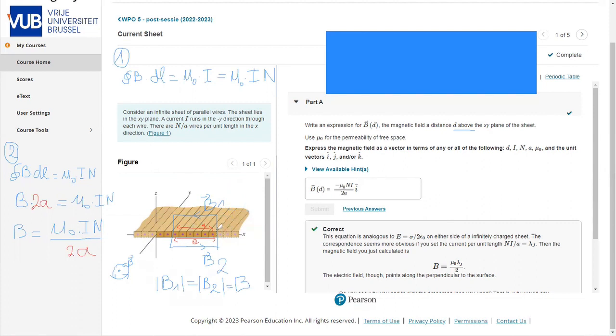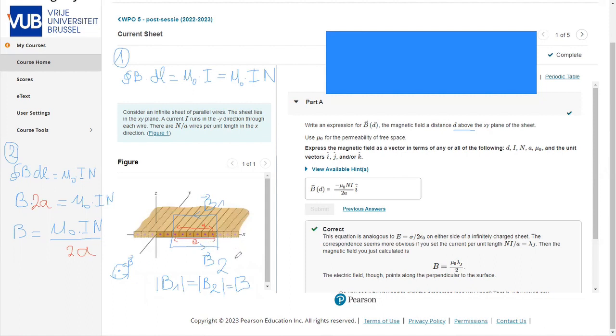So basically, I have my B above my plane and then B under my plane here. When you choose your B1 above, you also have to choose the length for above and the length for under, the A. That's why I write it 2 times.